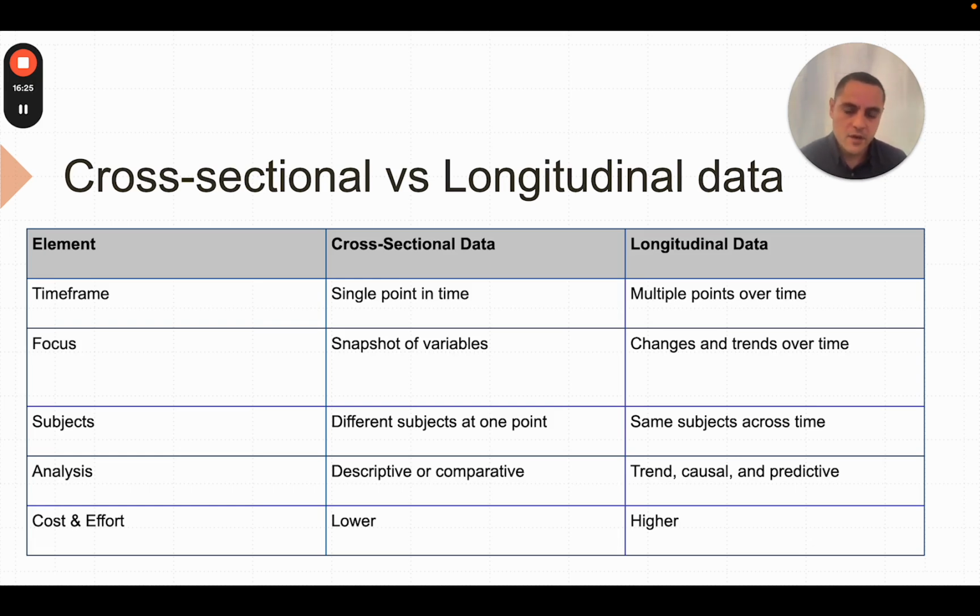That would be in contrast to longitudinal, where there's multiple points over time, right? So we could there look at changes and trends over time. In longitudinal, we're capturing data about subjects, and again, let's say people, but we're capturing information about them or from them at various points in time.